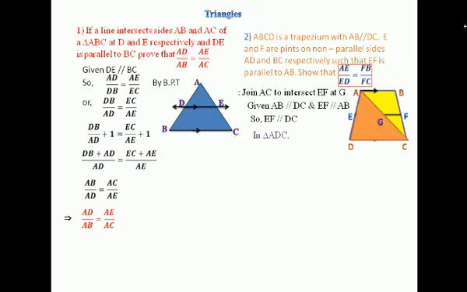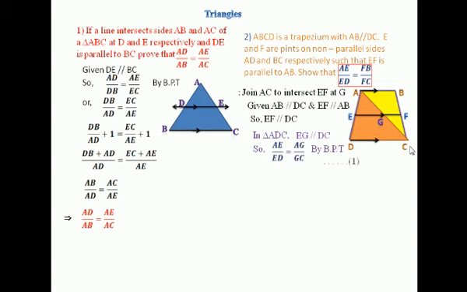Here EG is parallel to DC, since EF is parallel to DC and G is a point on EF. So apply the BPT here. By BPT we get AE by ED is equal to AG by GC.